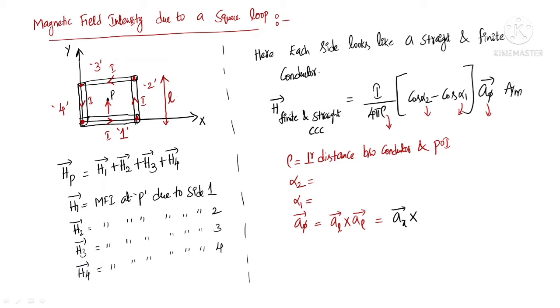What is this direction? It is a positive y direction. So you will have here AX bar cross AY bar. What is AX bar cross AY bar? AZ bar.